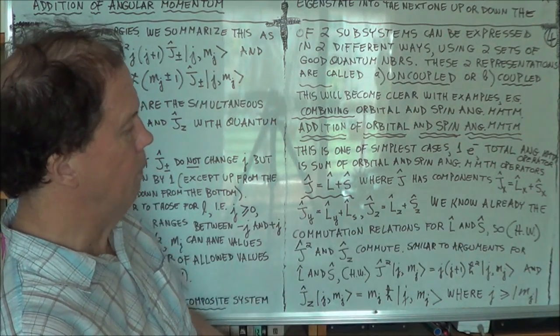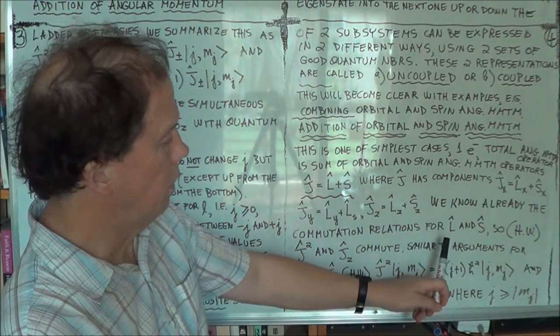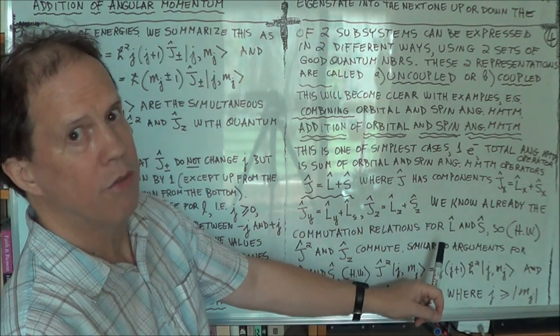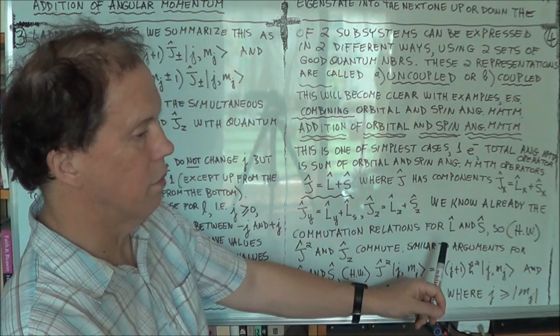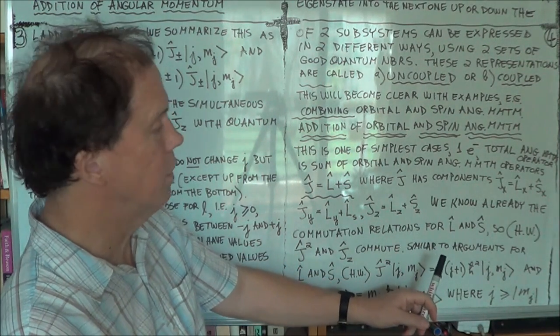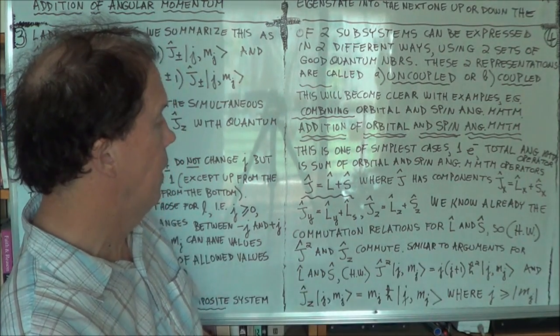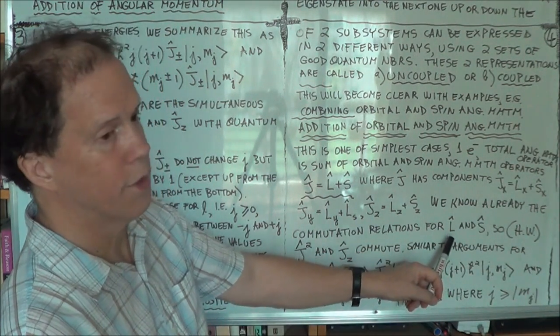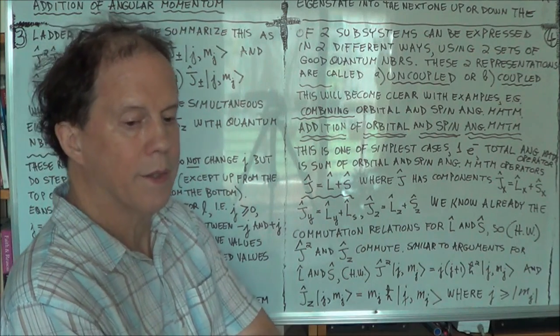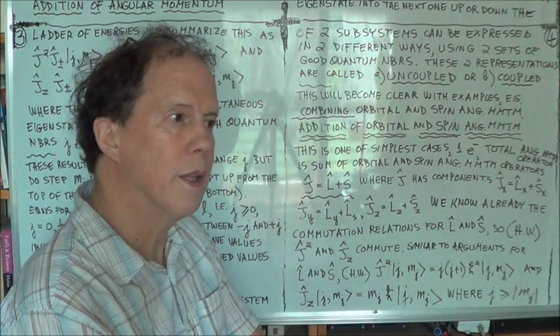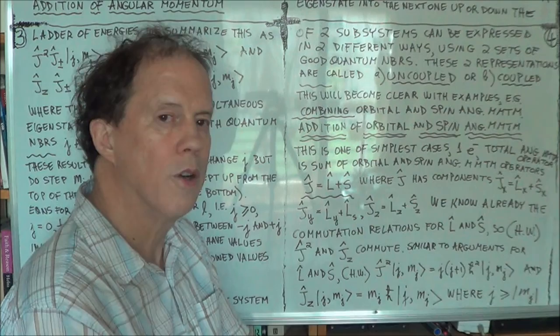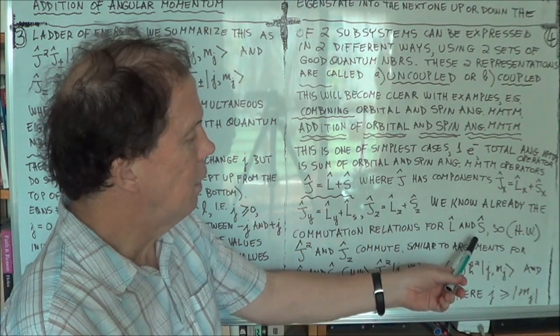Now, we've done earlier, we know the commutation relations. If you apply the commutator, sorry, for like two L's, for example, square brackets Lx comma Ly, that commutator, we know the answer.